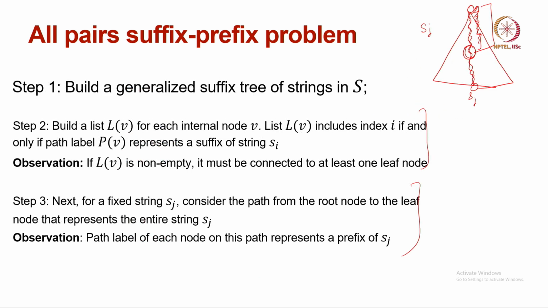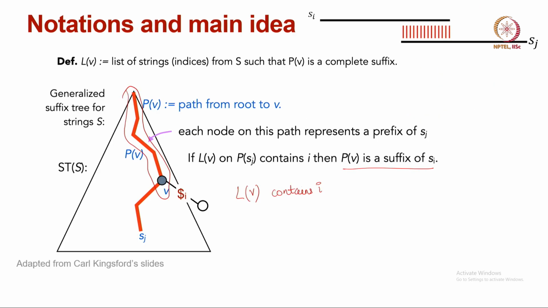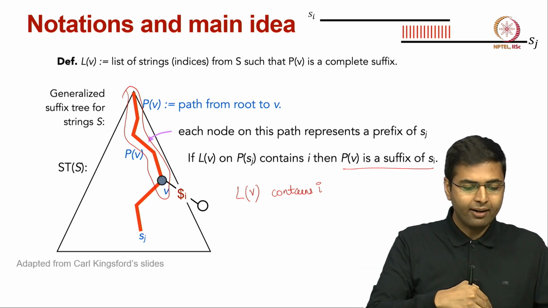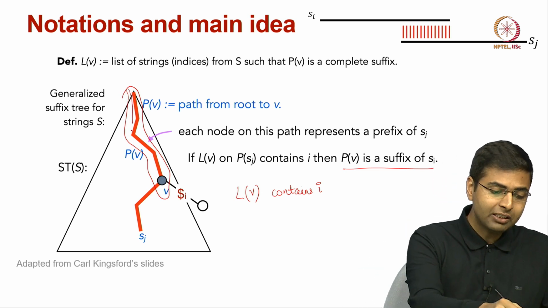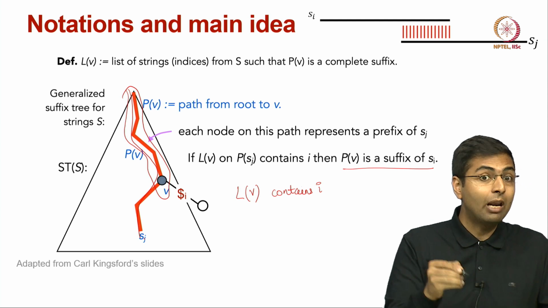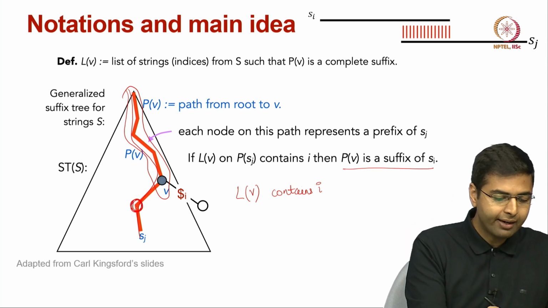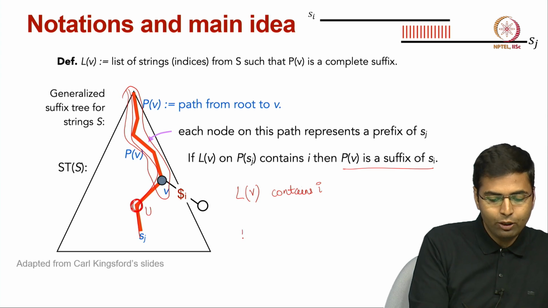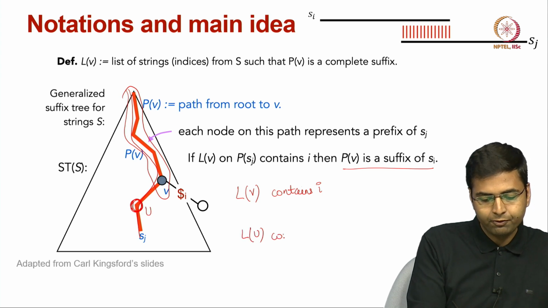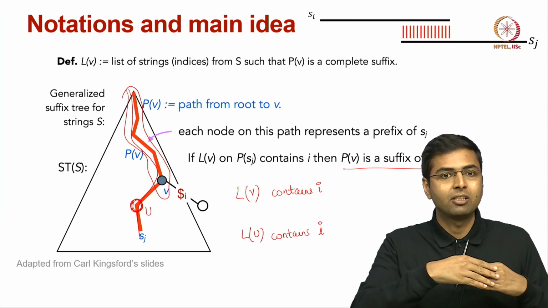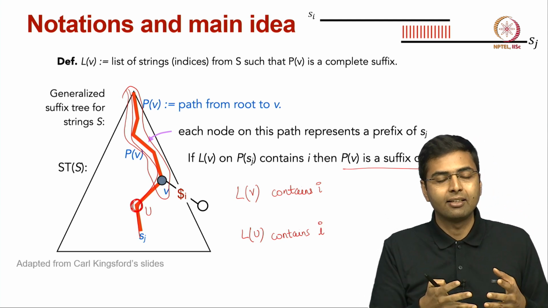So, for the longest match I have to go to the deepest such node on this path where LV contains I. So, suppose there is another node U such that LU contains I, then this gives me a longer suffix prefix match between Sj and Si.